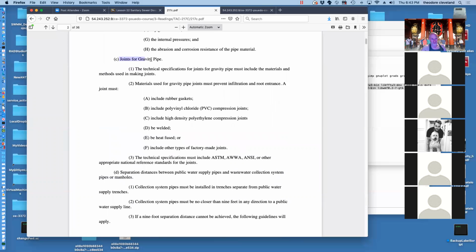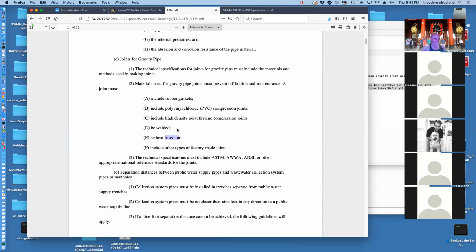Then it has a section on how to connect pipes, and the various connection methods are listed. Reinforced concrete is usually done with gaskets, and most of the remainder are either done with compression fittings or welded of some kind. So PVC and HDPE can be solvent welded.